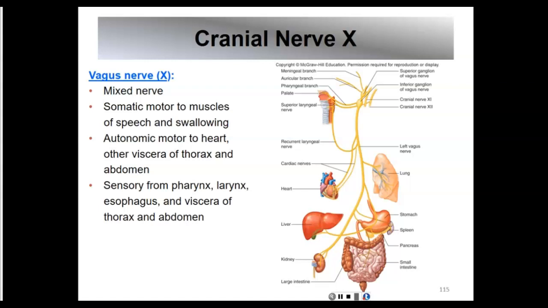It is going to be motor control for muscles of speech and swallowing, automatic or autonomic motor control of your heart, and the viscera of your thorax and abdomen. Sensory from the pharynx, larynx, esophagus, and viscera of your thoracic and abdomen cavities. So vagus is, first of all, not spelled like the city, but it's a really significant cranial nerve.